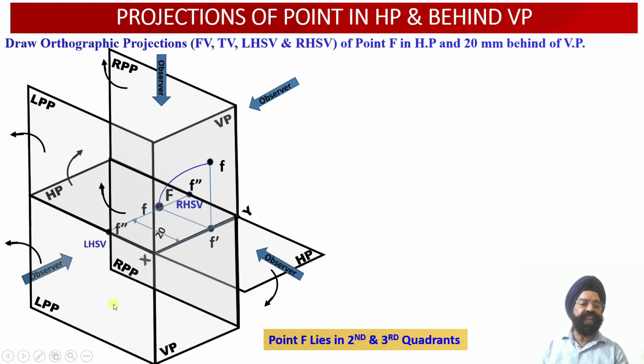So the same projections would be available even if we had assumed that the point F lies in the third quadrant.